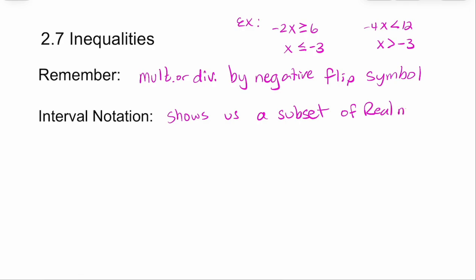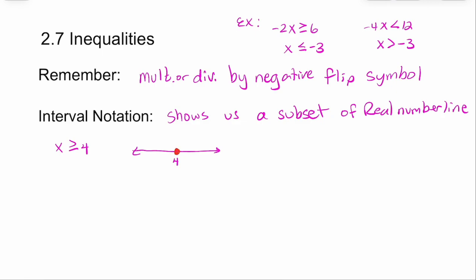So think of the real number line. Okay, so let's say normally we would see that we want x's greater than or equal to 4. What interval notation does is it depicts what we see on the number line.